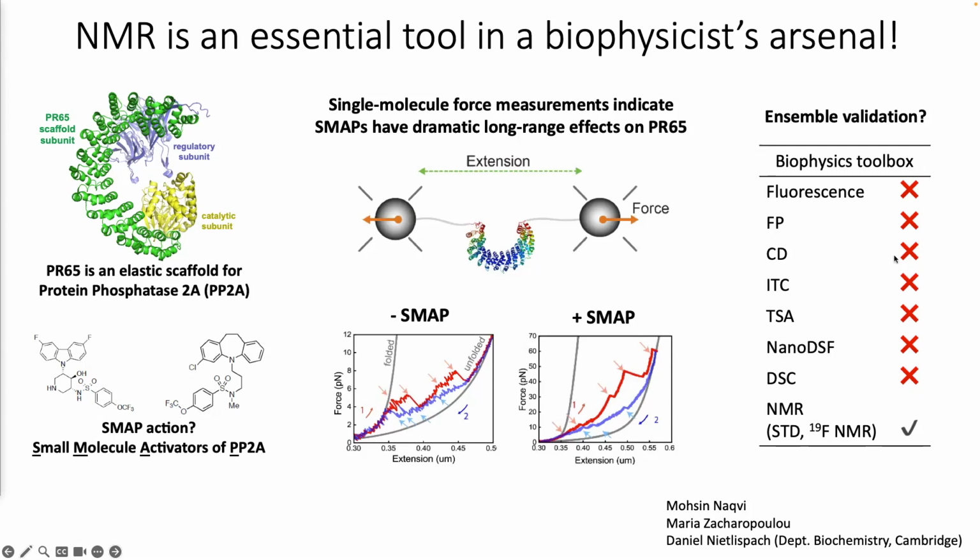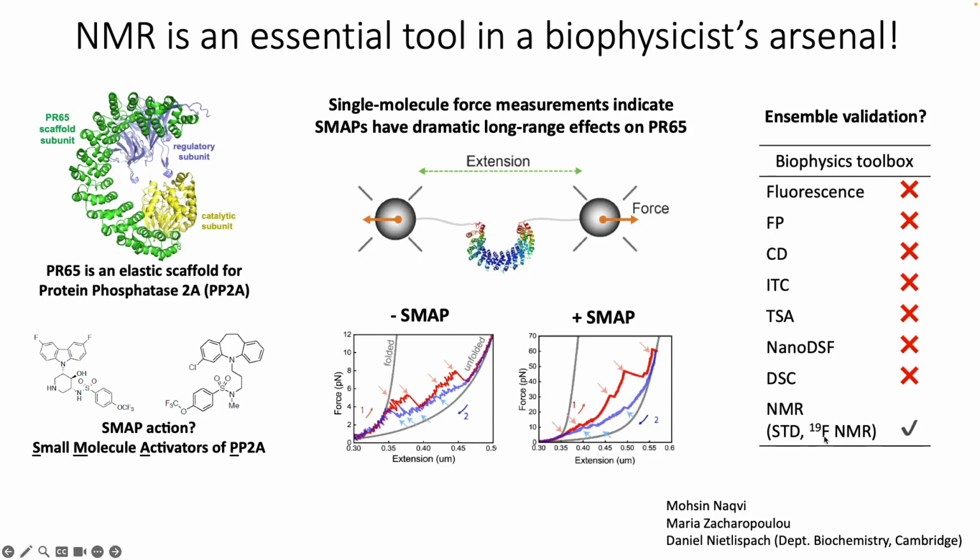So we encountered the same problem with all of these techniques. And then finally, we approached Daniel Nietlisbach, our neighbor in the biochemistry department, and asked him if he would do some NMR on the small molecules. So he performed STD and fluorine NMR. He also performed water LOGSY, but again, we had the same problems where we had very low solubility. But finally, with this NMR technique, we were able to confirm binding.